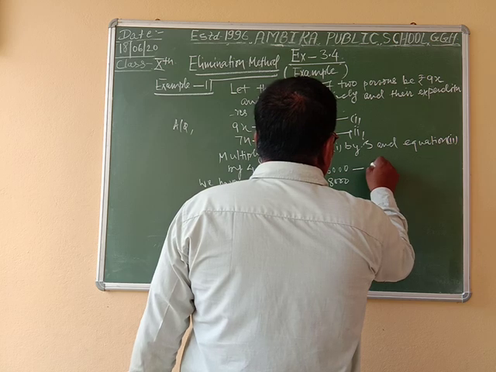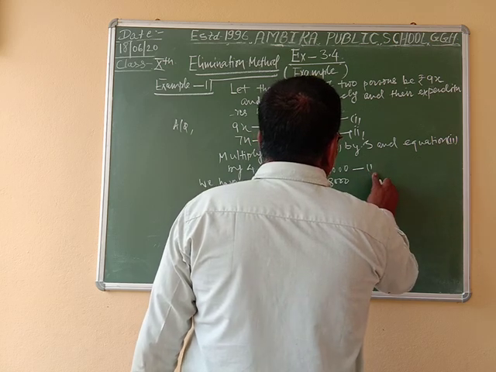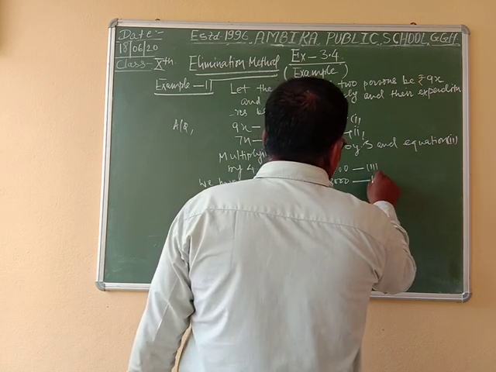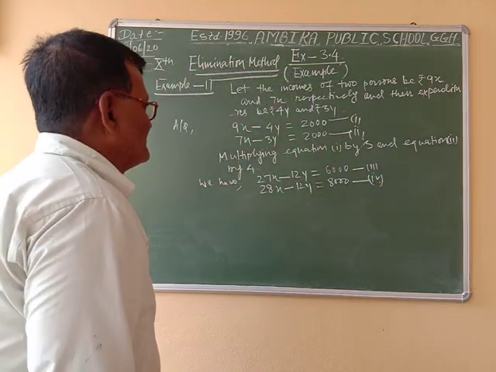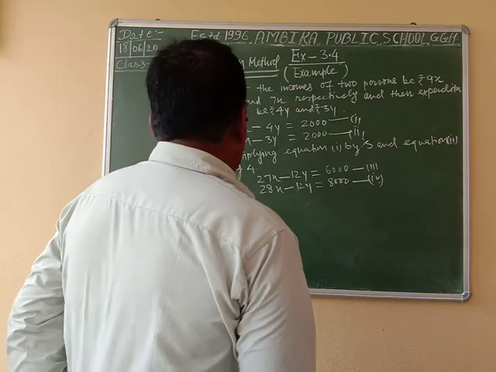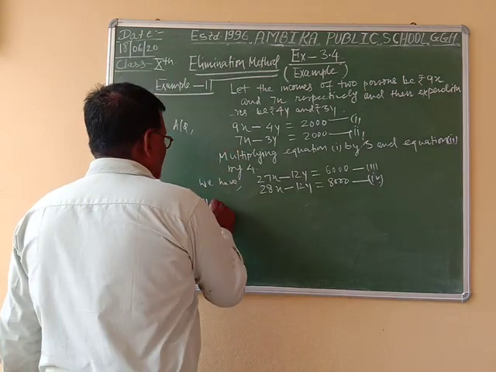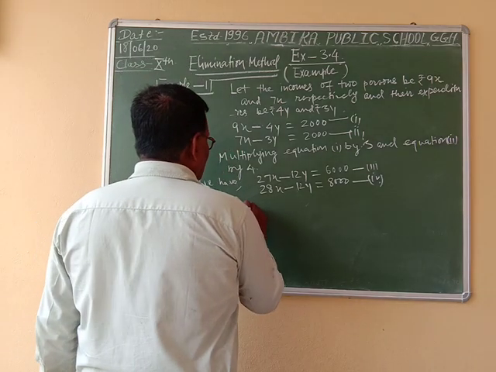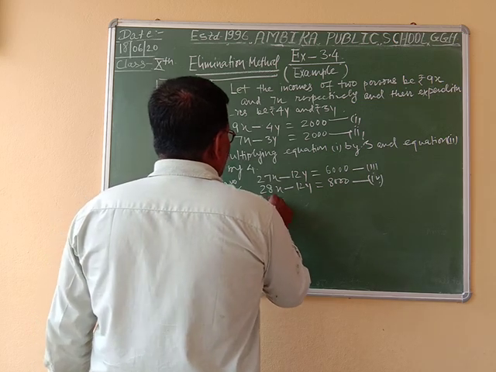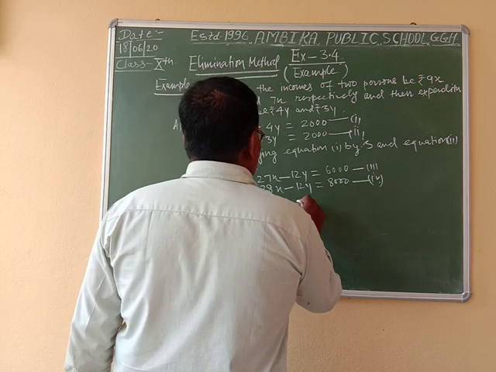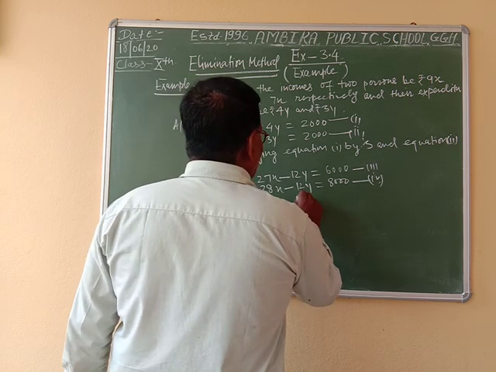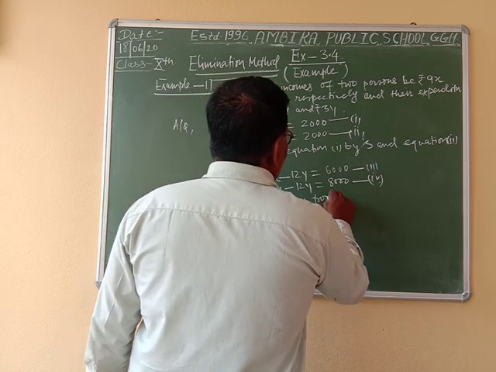Let these be equations 3 and 4. Now subtracting equation 4 from 3.